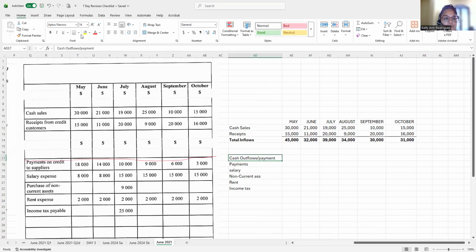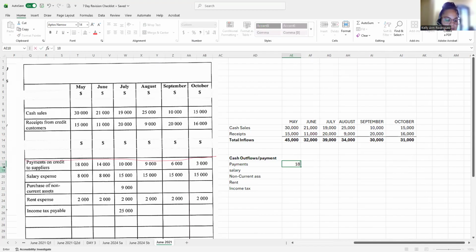So your total outflows, your cash outflows, sorry, this would have been your cash inflows. So we go in once again. Your payments were 18,000, 14,000, 10,000. You know, I could do it faster this way. So 8,000, 0, 2,000, 0, right? 14,000, 8,000, 0, 2,000.